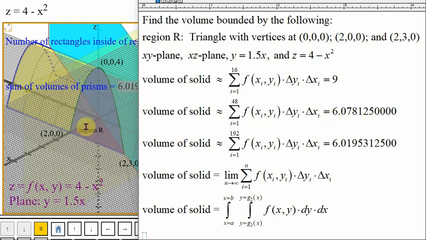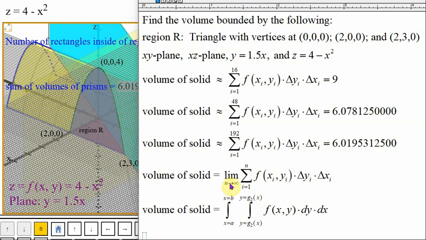And then right here, I have about 192 rectangles inside of region R, and the sum of the volumes of the rectangular prisms is about 6.01. And therefore, if we want the exact answer for the volume of this solid, then we need to allow the number of rectangles to go to infinity.